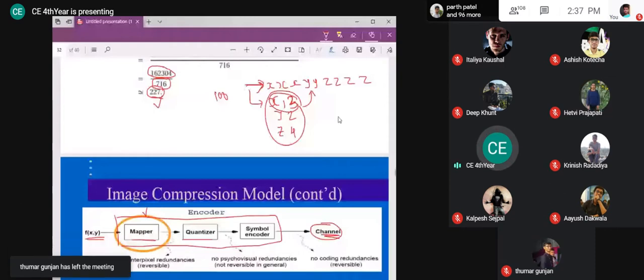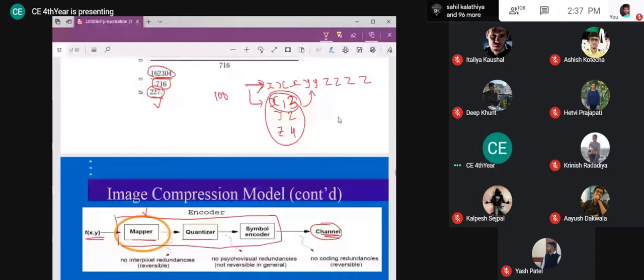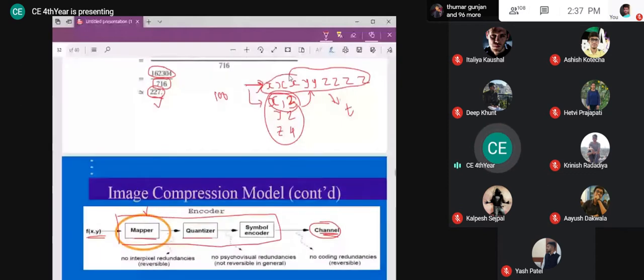That is what quantization is. Why are we doing so? Because this is irrelevant information for our eyes. Our eyes cannot distinguish between these intensities. So I quantize them to x, maybe y, maybe z, maybe t, right? Such quantization takes place.